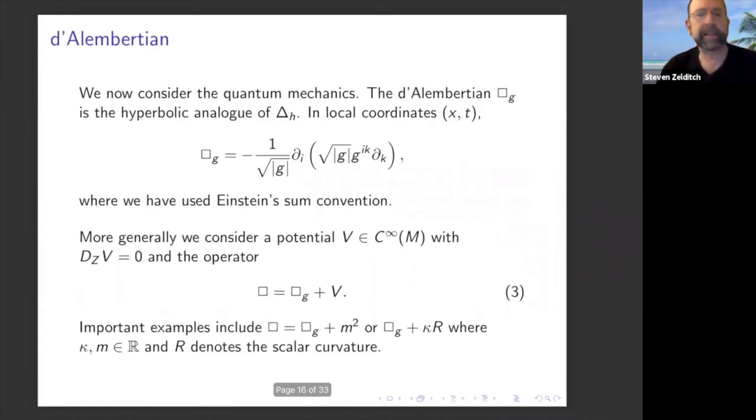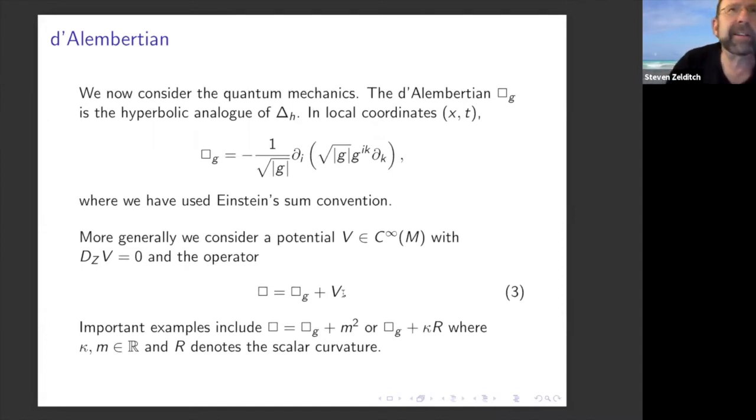All righty. Now, what about the wave operator? So the wave operator just looks like the formula for the Laplace operator, except that the metric itself has signature -1, 1, 1, 1, whatever. It can be in any dimension. It's a hyperbolic operator, not an elliptic operator. And so that's box. And we could add a potential to box if it's invariant under the killing vector field.